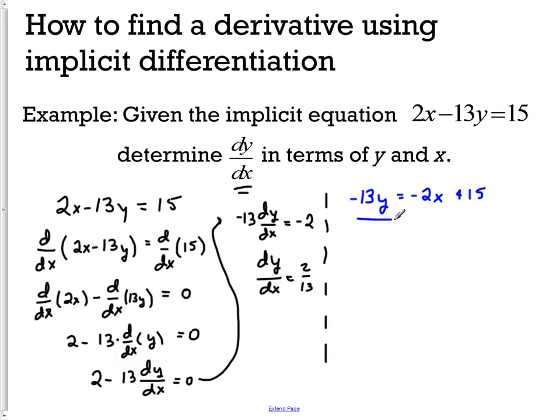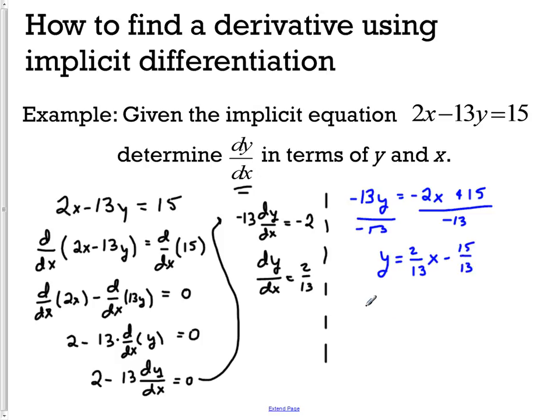Then I would divide both sides by negative 13 and simplify, and I end up with the equation y equals 2/13 x minus 15 over 13, whatever that ends up being as a decimal.